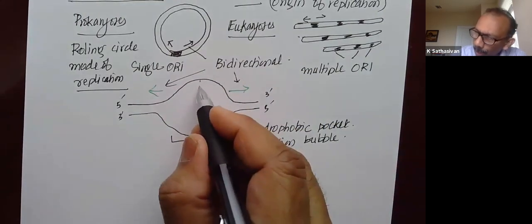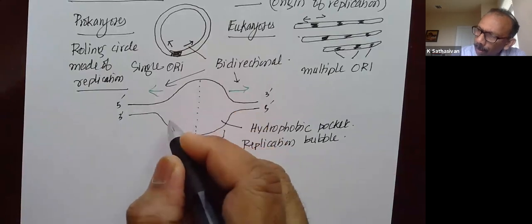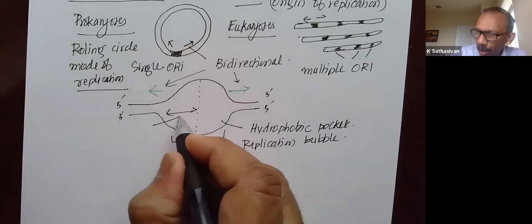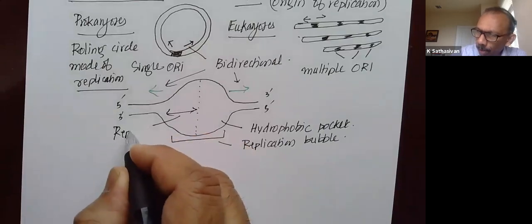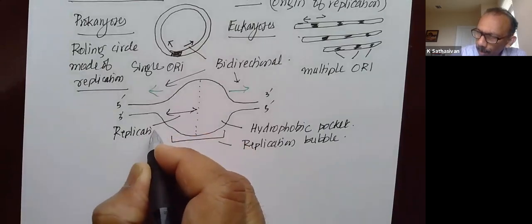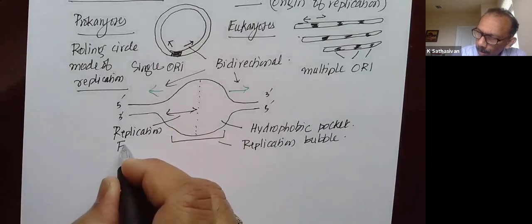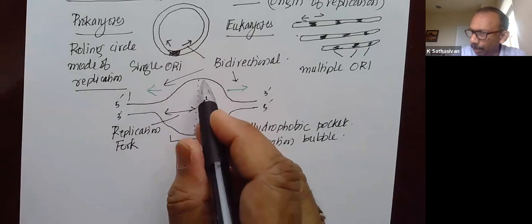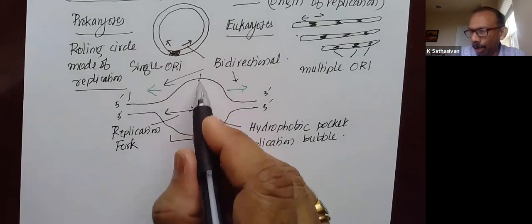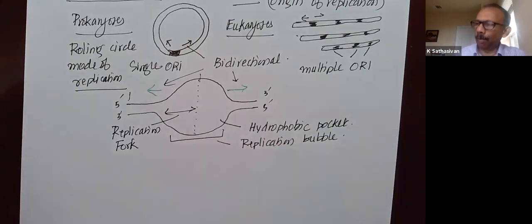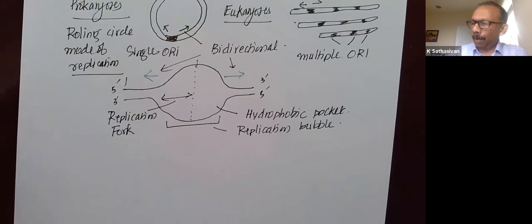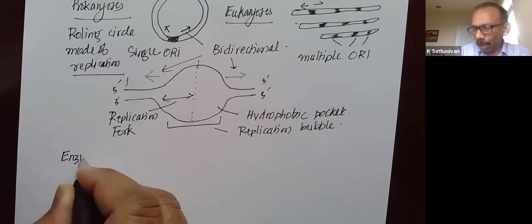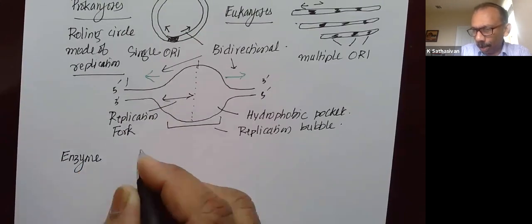And if you split that bubble in half, this portion alone is called the replication fork. So that includes from here all the way up to this point is a replication fork on this side, and the other side too. So you can look at one at a time.